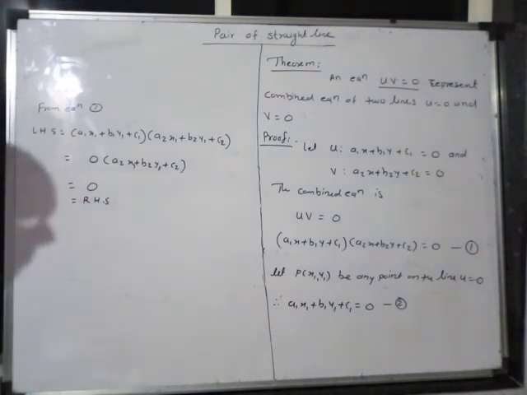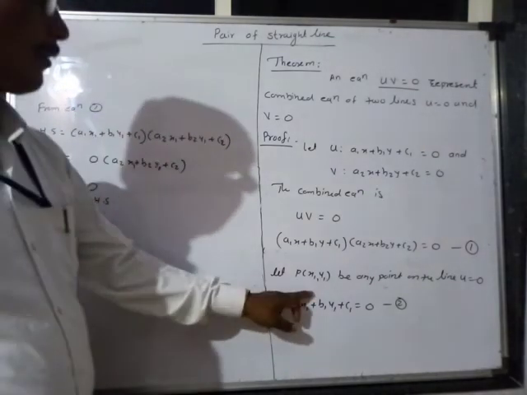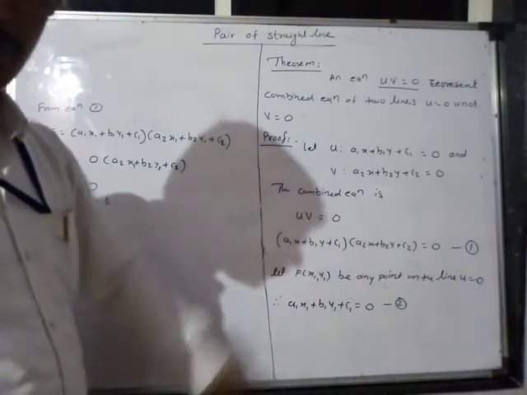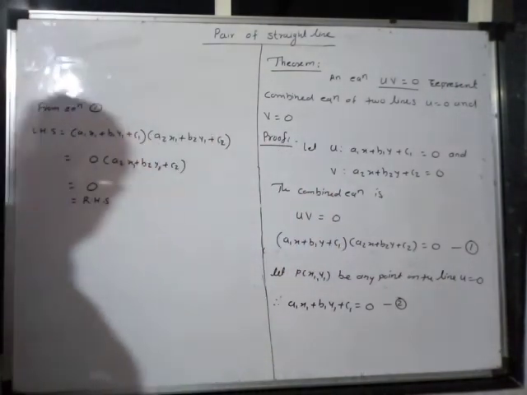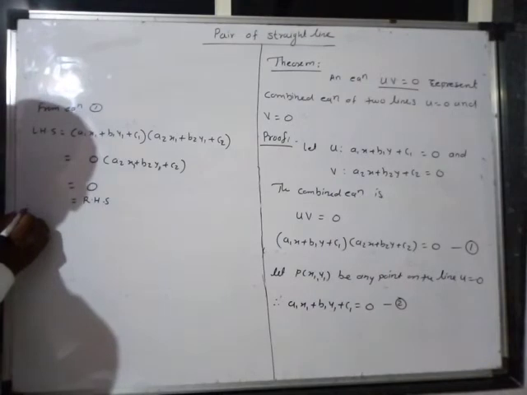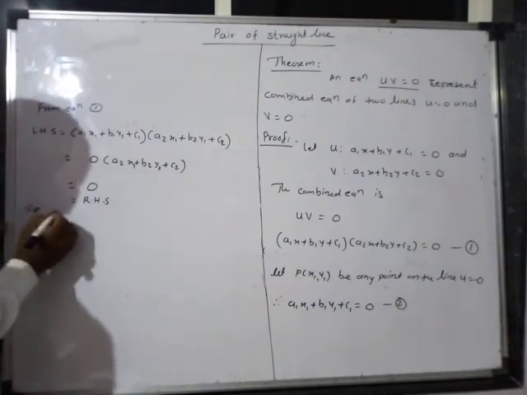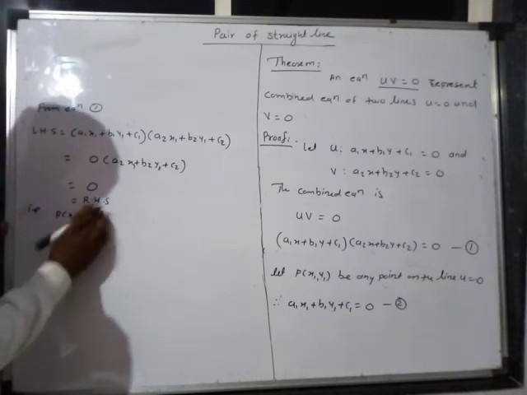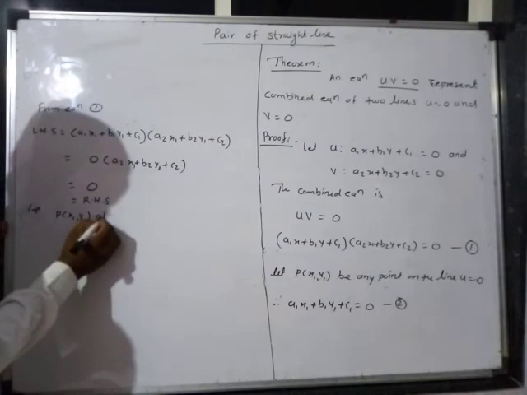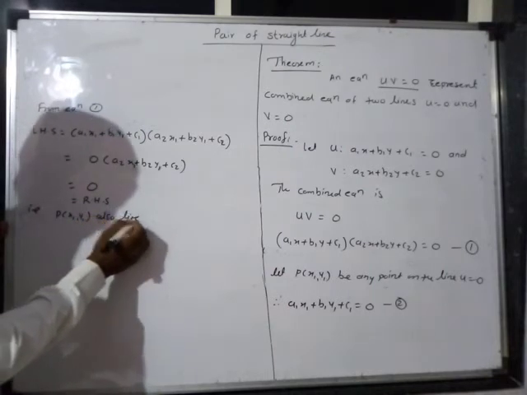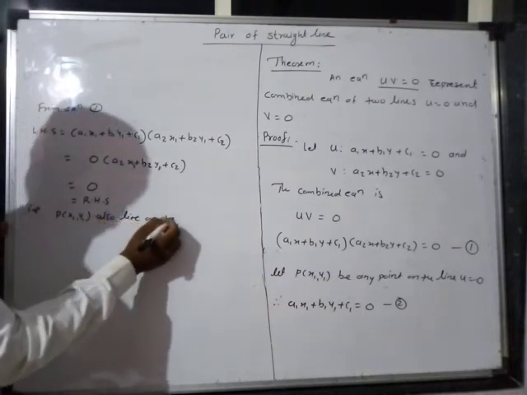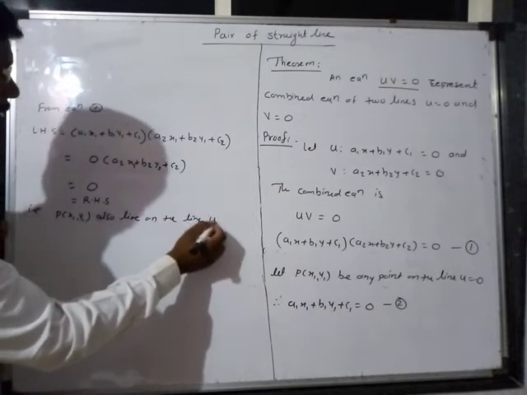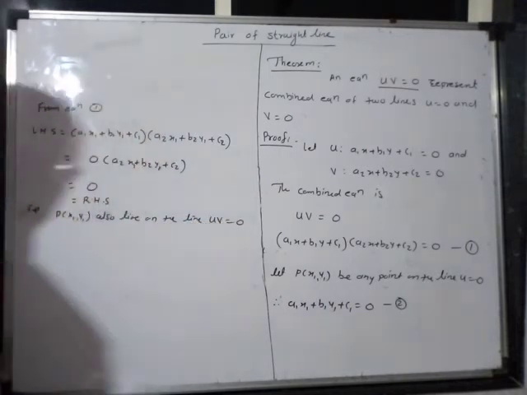That means this point P(x1, y1) lies on this line, that u into v is equal to 0. Similarly, that is P(x1, y1) also lies on the line uv is equal to 0.